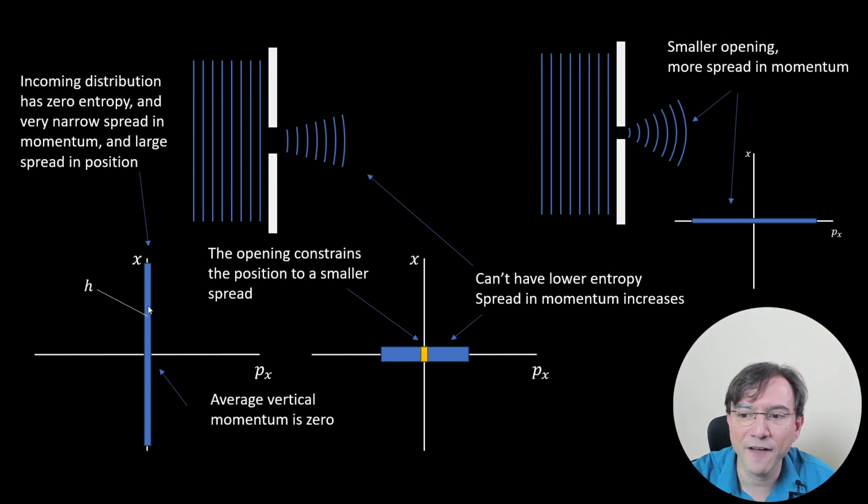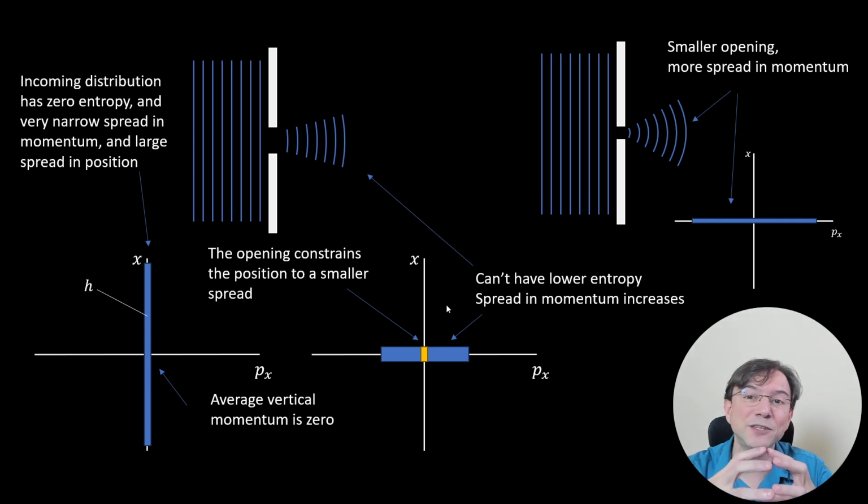And of course we have a minimum overall spread, which is h. So we're going to have a big spread in x and a very small spread in momentum. Now we go through the slit, and what's going to happen is that in principle the slit is going to chop our distribution in space and constrain it into a very small distribution in position. But we can't have an entropy lower than zero.